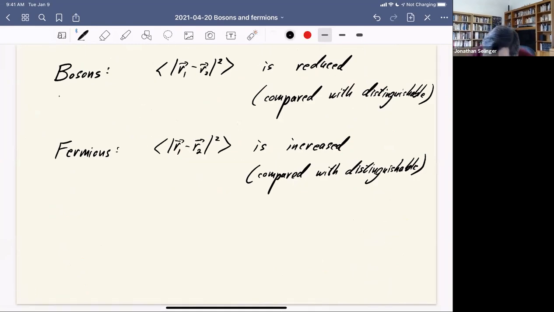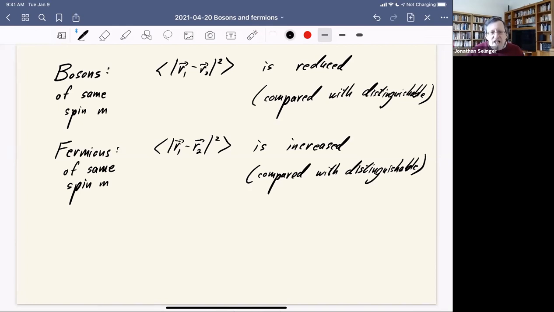These are bosons of the same spin M. And likewise, fermions of the same spin M. Okay, so the point of all this is just to tell you that this distinction between bosons and fermions really matters, right?